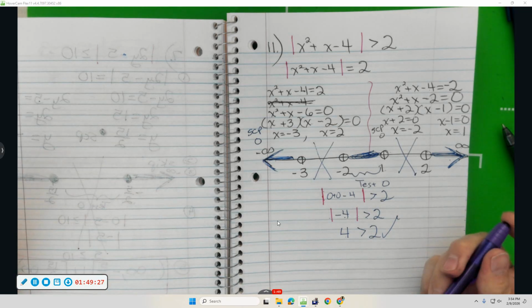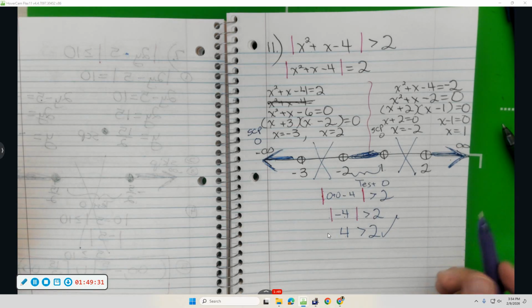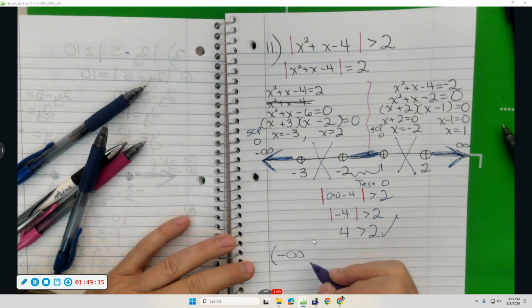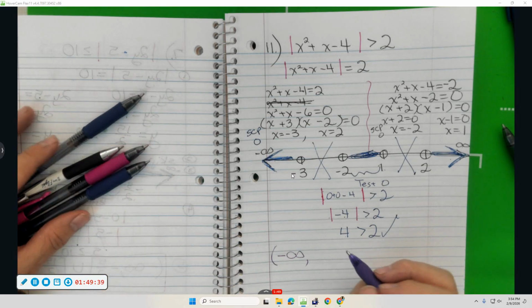Am I going to have any square brackets in my final answer? No, it's all parentheses. So parentheses, negative infinity, comma. I was going to let y'all call it out, and I forgot what I was doing.